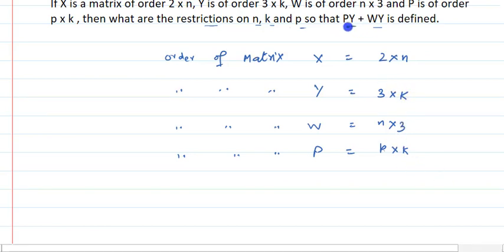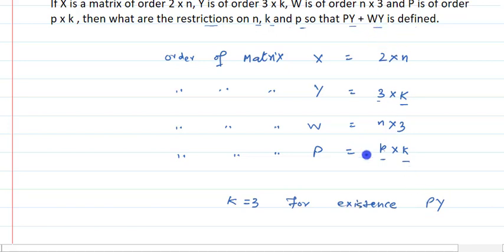First of all, let us discuss PY, whether PY will exist or not, be defined or not. So here the order of P is p by k and the order of Y is 3 by k. And we know that for the existence of PY, the number of columns of P should be equal to the number of rows in Y. So therefore, the condition is k is equal to 3 for the existence, or we can say definition, of PY. This is the first thing.